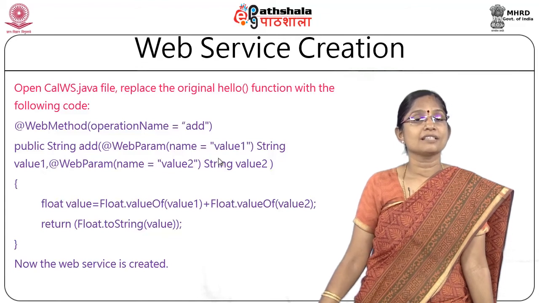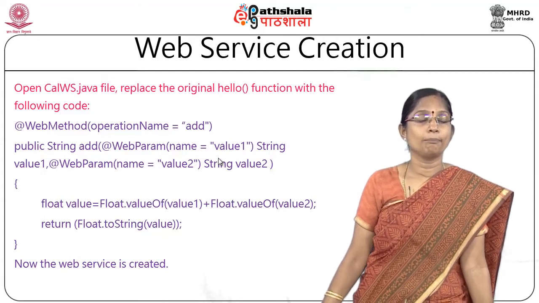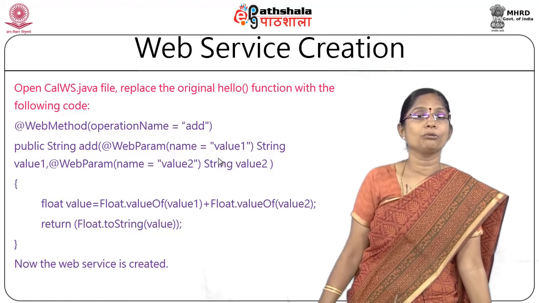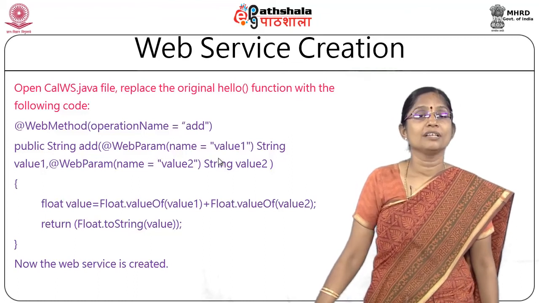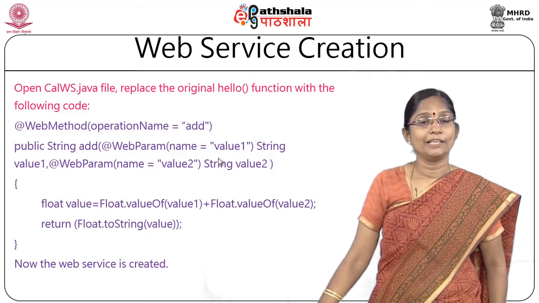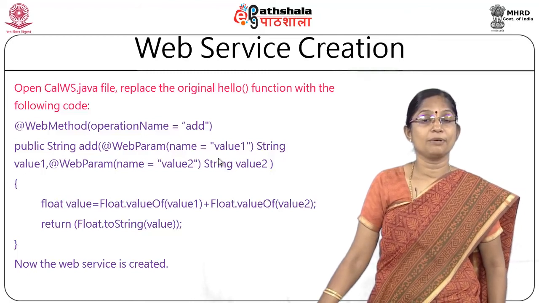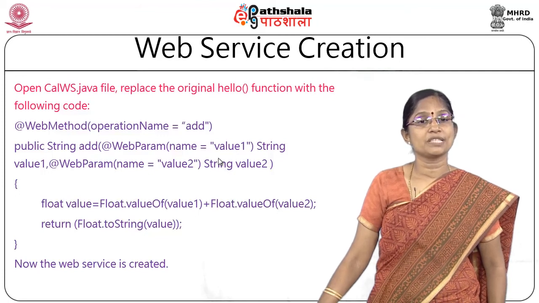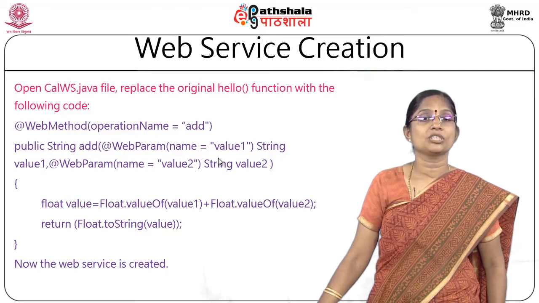Here we are going to give the name add, then public String add, which is going to be the method name. @WebParam indicates that we are going to add some parameters to it. Then name equals value1 says that the first parameter name is value1, and the data type is going to be String. The second web parameter name is value2, and the data type is also String.